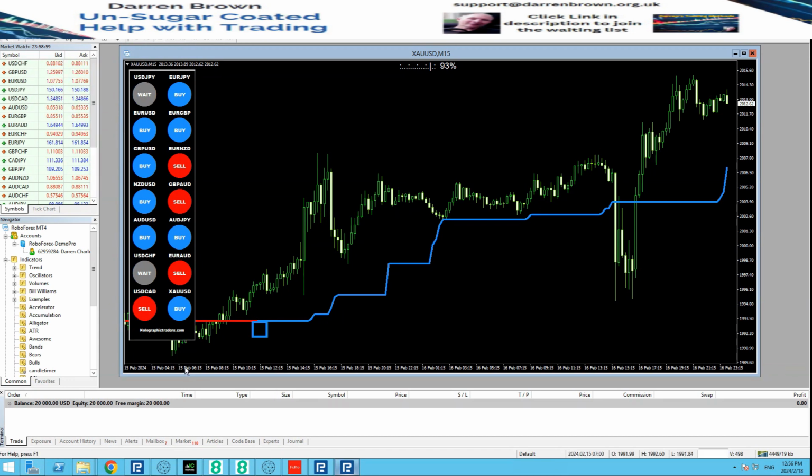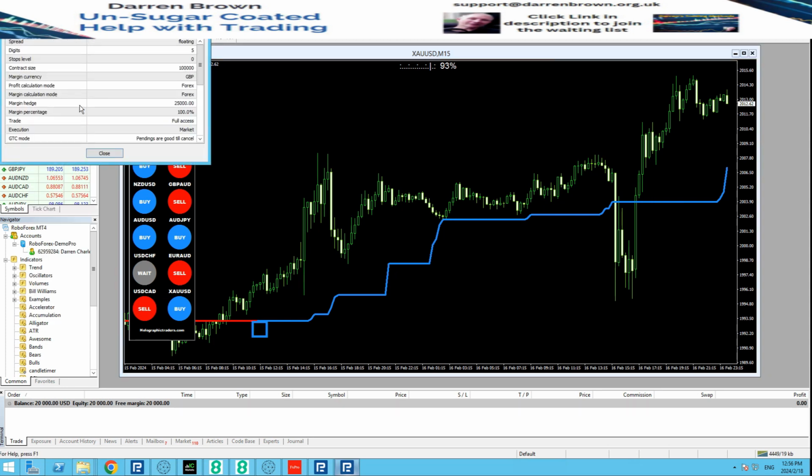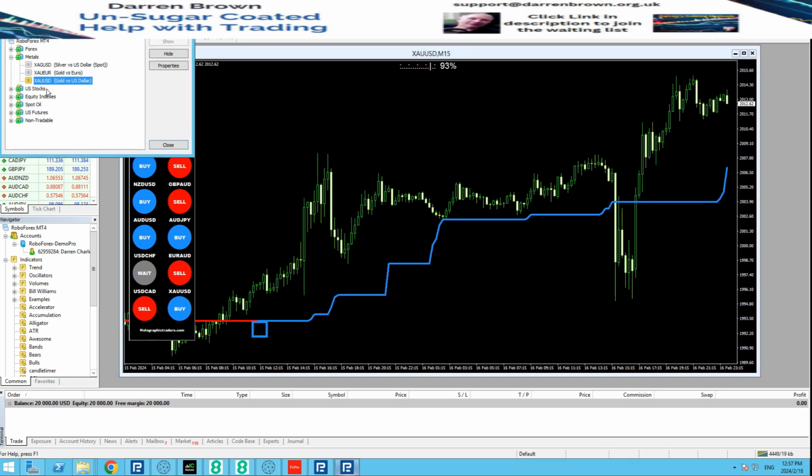I'm not sure if we filled all these up that we can add any more in, but I'm going to have a little demonstration. So right mouse click, we're going to go to specification, close that, go back to insert symbols, so it's view symbols, then we're going to look for stocks.